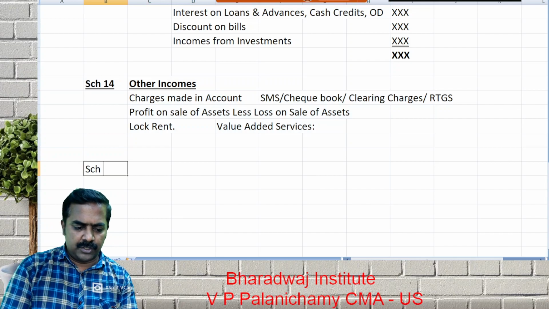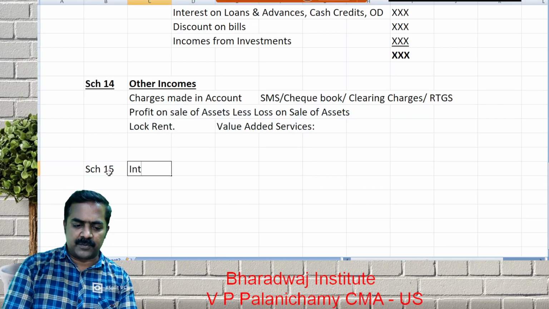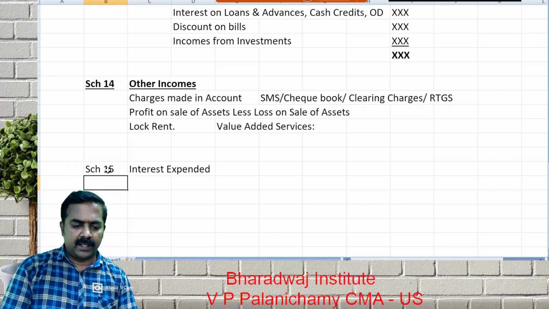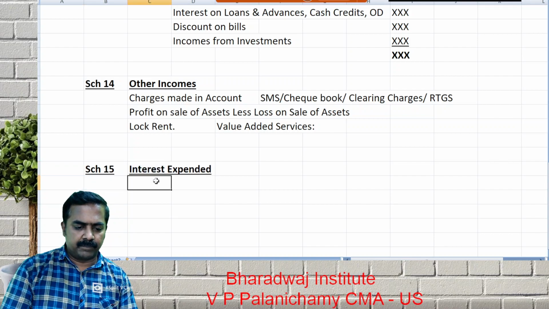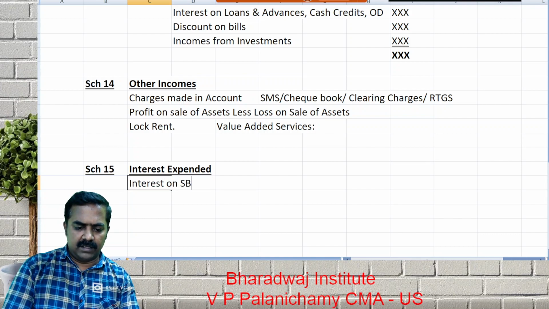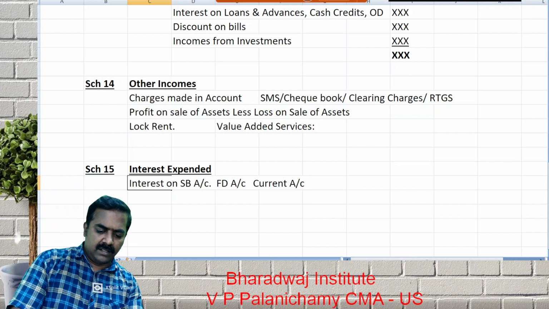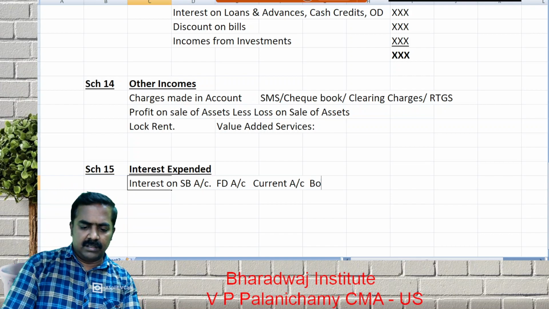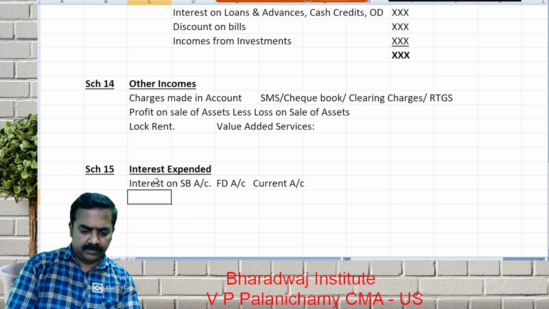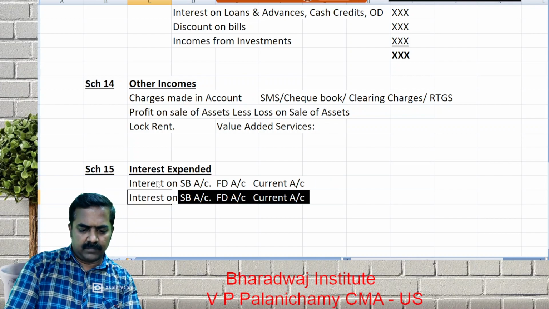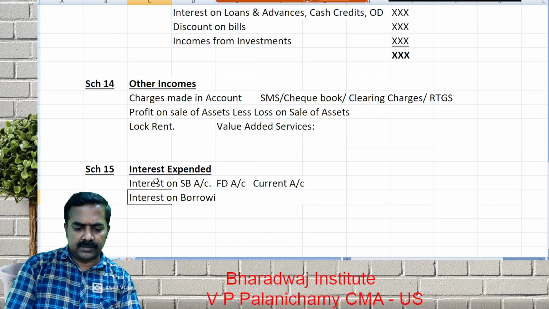Next, Schedule number 15. That is the main expense for the bank: interest expended. Interest on savings bank account, fixed deposit account, and current account also they pay now, if you maintain more than a certain balance. Then interest on borrowing.